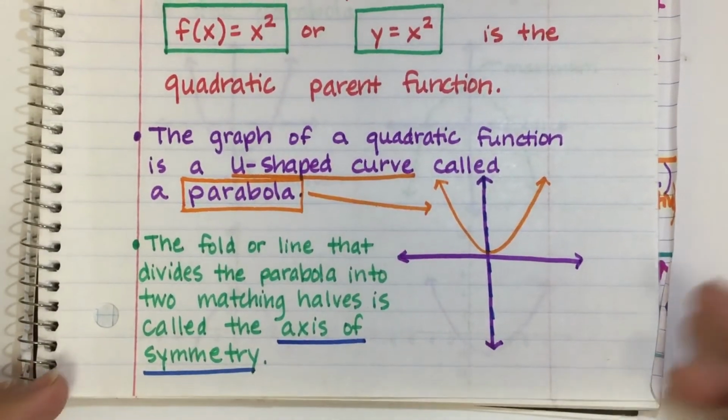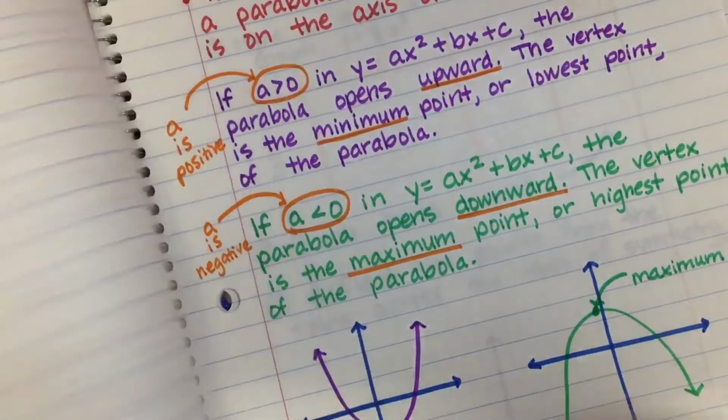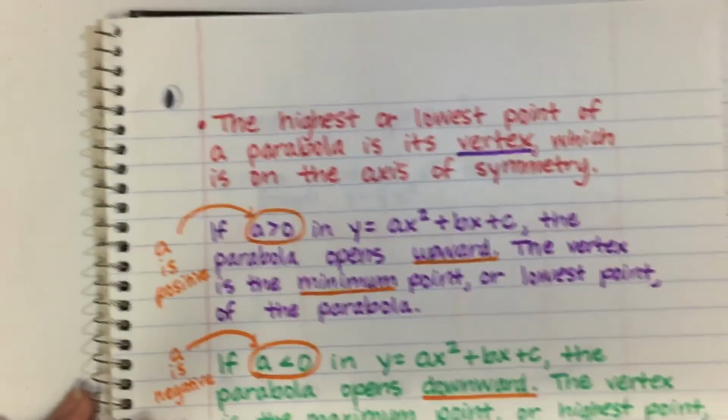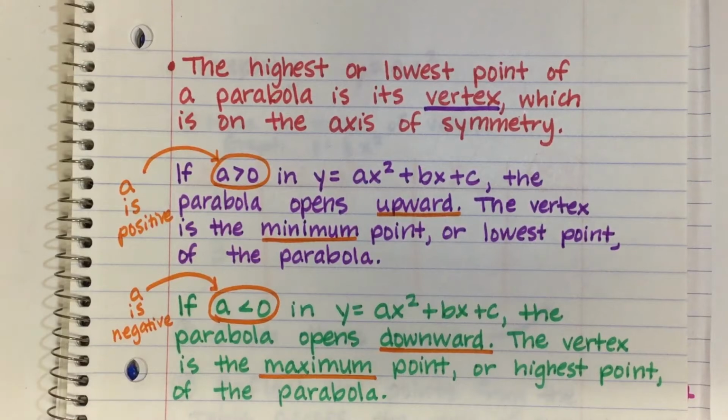It splits that in half, so you could fold your paper over that axis of symmetry and both sides would be exactly the same. The highest or the lowest point of a parabola is its vertex, which is on the axis of symmetry.